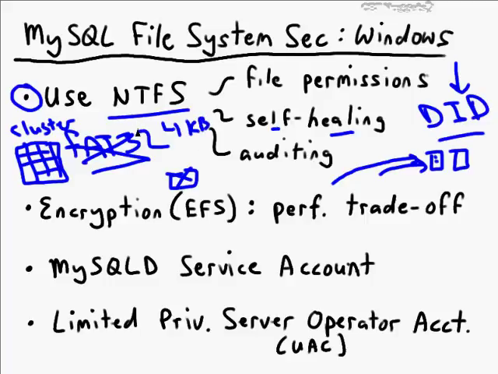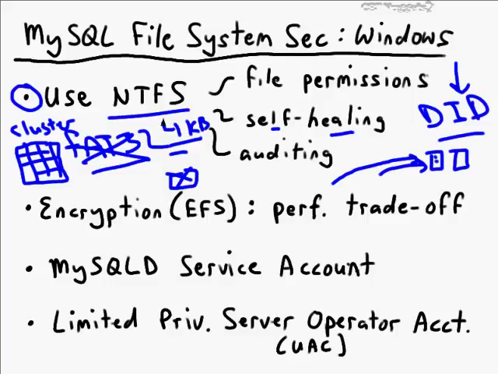And that allocation unit means that if you store a 2K file on a file system in Windows, that 2K file will occupy how much space? Yes, 4K. And if you store a 6K file, it's going to occupy 2 clusters because 4K is the minimum allocation unit on that disk.